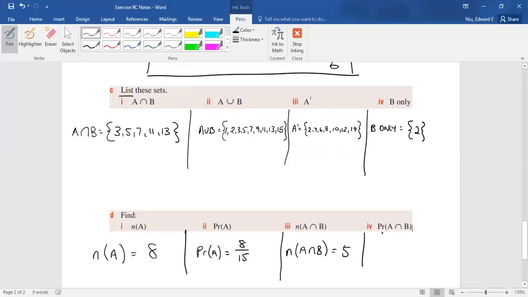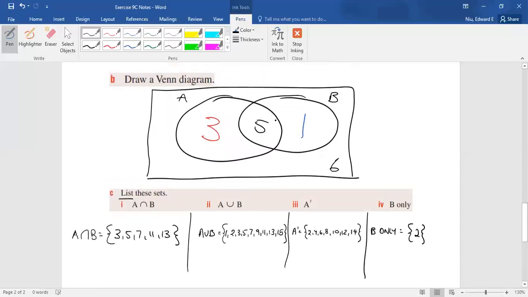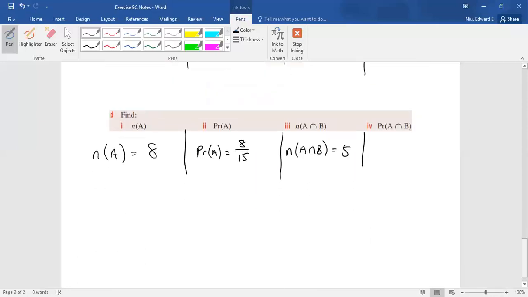Then it asks for the probability of A and B. There's 15 numbers in total, and 5 of them are in the middle. So the probability of drawing a number that's in A and B is 5 out of 15. Or alternatively, you can simplify it down to 1 over 3. You don't have to do that, but it might make it a little easier to understand.